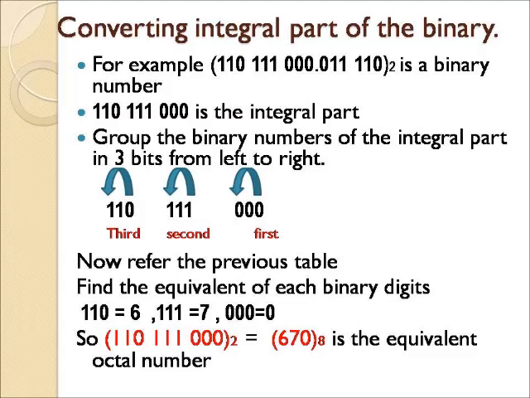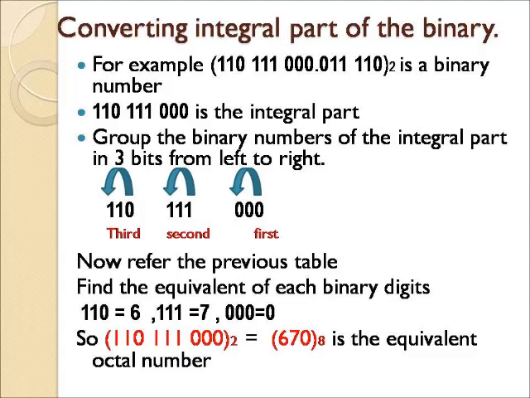Now see, we have to group the binary digits of the integral part as groups of 3 bits, and grouping is done from right to left. Here on the screen, the first 3 zeros form the first group, the 3 ones form the second group, and 110 forms the third group.